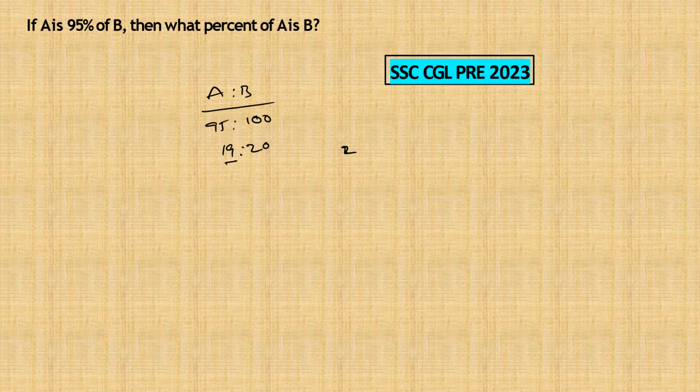B is what percent of a? You need to find this. That is 2000 by 19. 19 ones are 19, 19 5s are 95 and 5 is left as a remainder, so 5 by 19%. This is the answer.